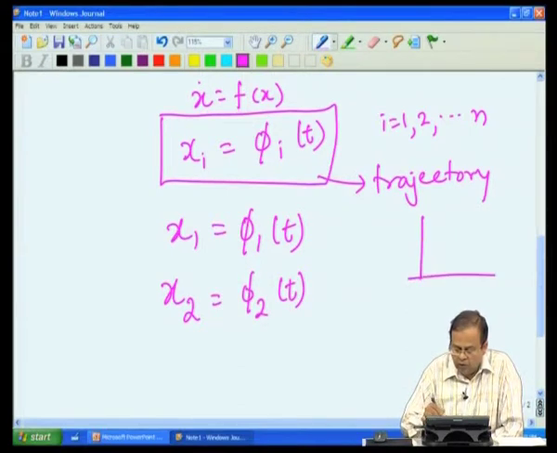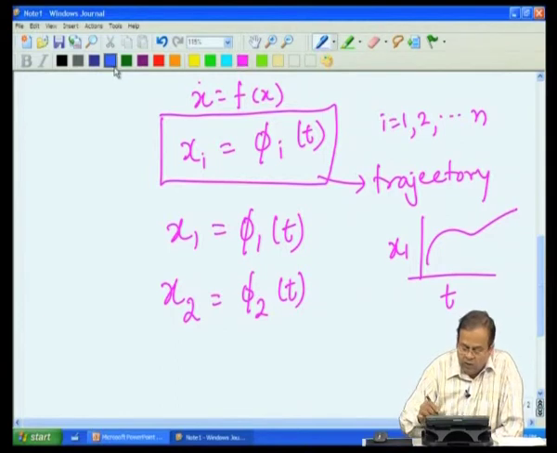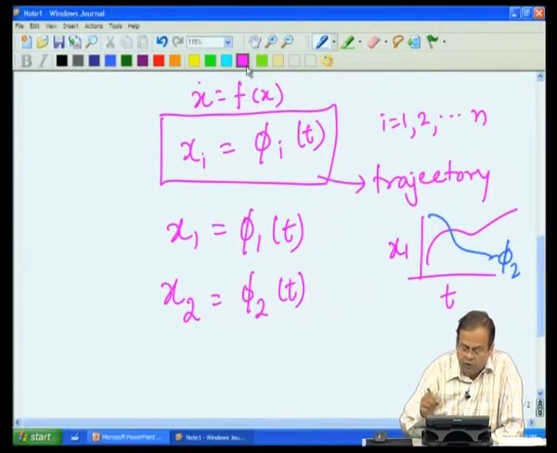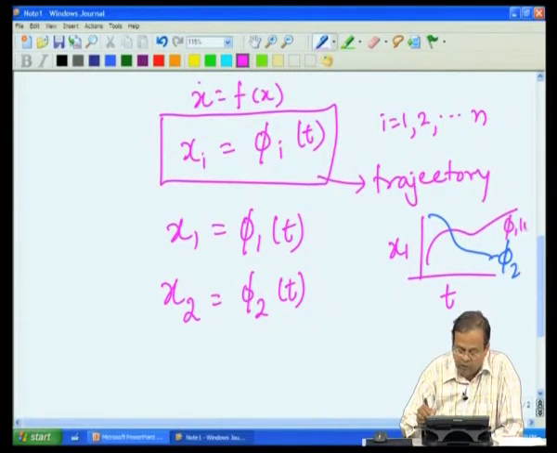So, if I were to plot x1 versus time, let us say this is that solution, and this corresponds to x2 versus time, some function. So, this is my phi 2 and the first function is, let us say, phi 1 of t.